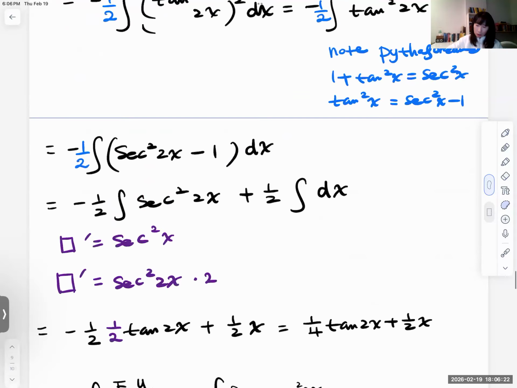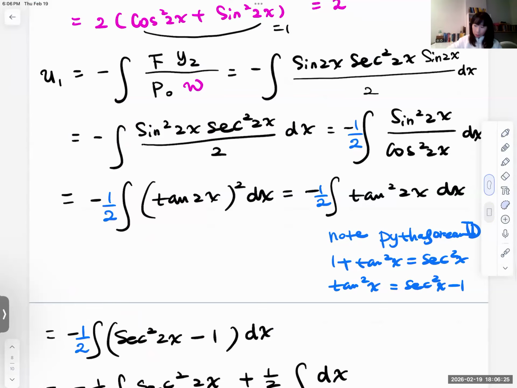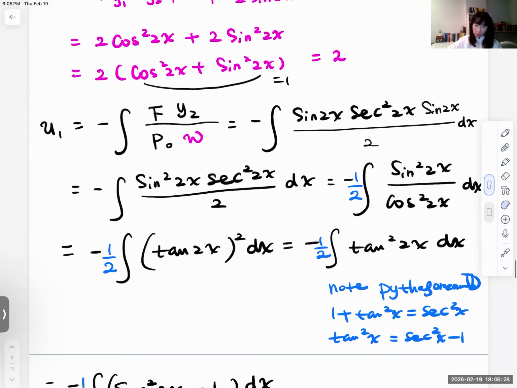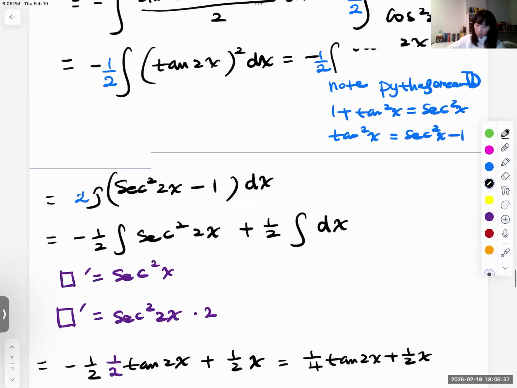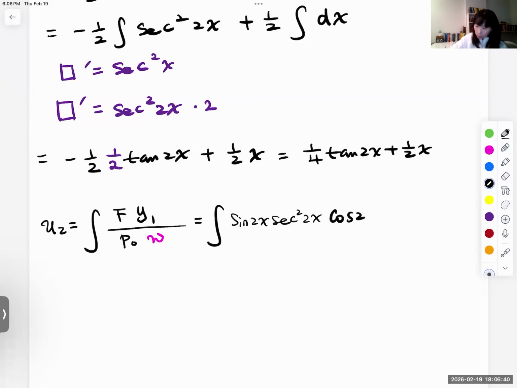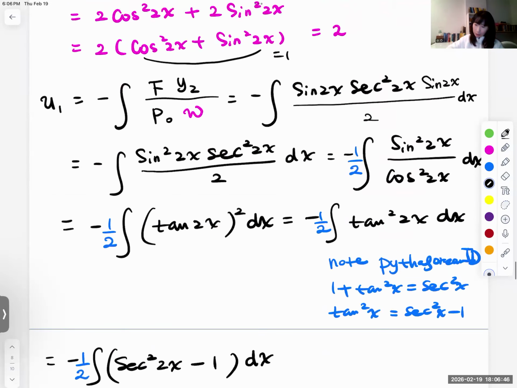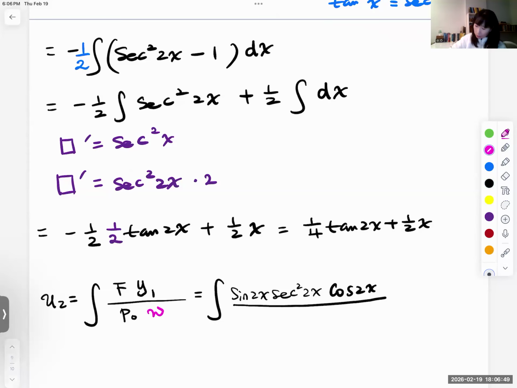And then y sub 1 will be, I'm using cosine 2x over omega. Yeah, so omega will be 2. Okay, dx. All right. Did I make a mistake again? Hold on 1 second. Yeah, it is good, right?